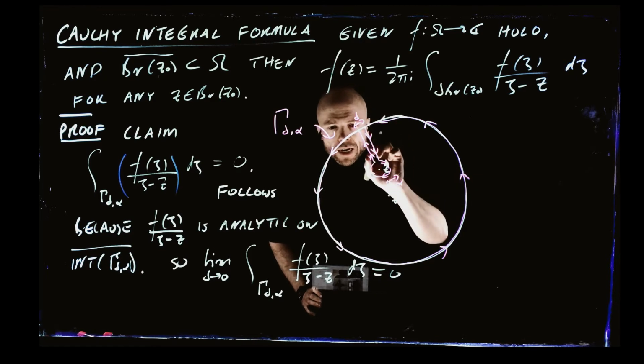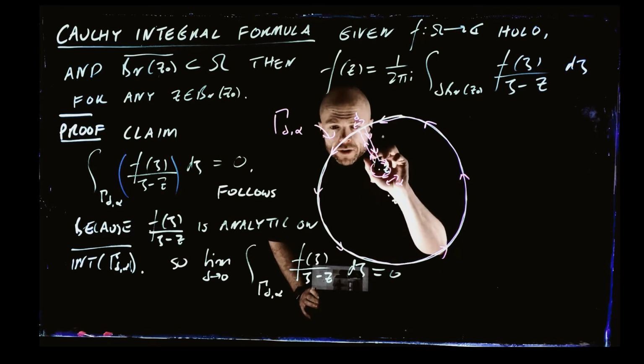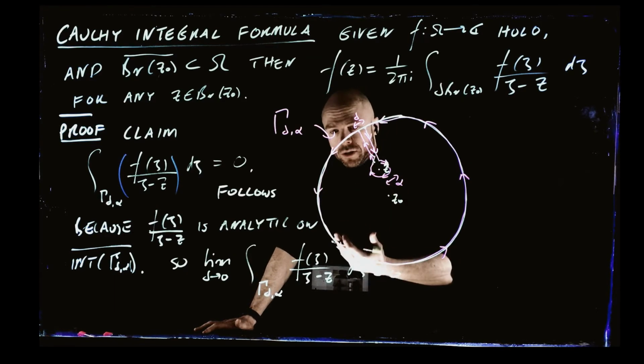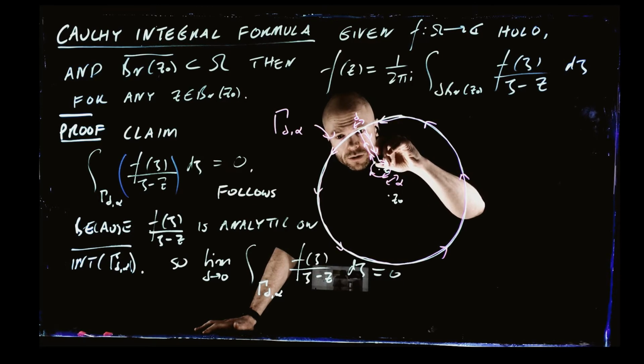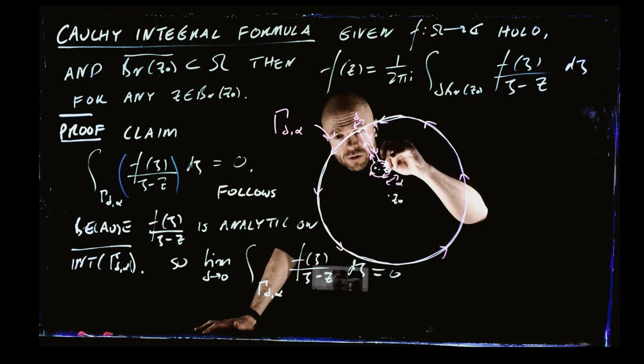And if these things were exactly on top of each other, we would know that they would cancel out. But they're not quite on top of each other. There's this tiny delta. But being a differentiable function, it's also continuous. So the difference between the integral from here to here, as opposed to the integral from here to here, in the same direction, is incredibly small.